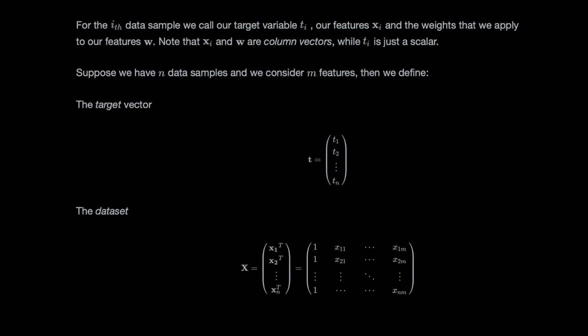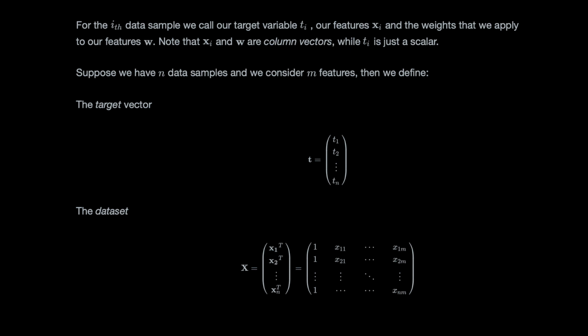For the ith data sample, we call our target variable t sub i, our features x sub i, and the weights that we apply to our features W. Note that x sub i and W are column vectors, while t sub i is just a scalar.